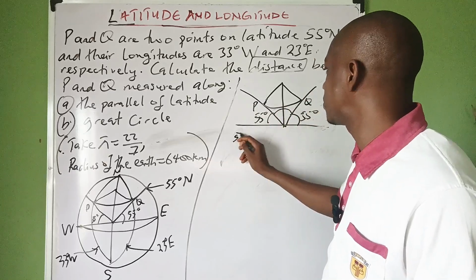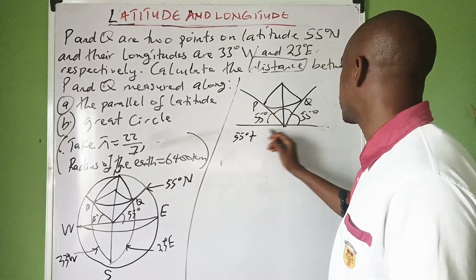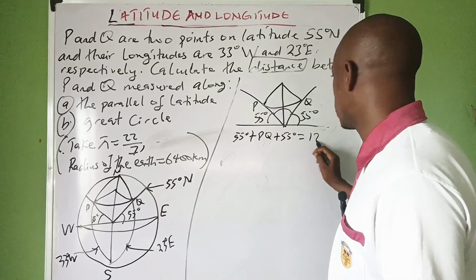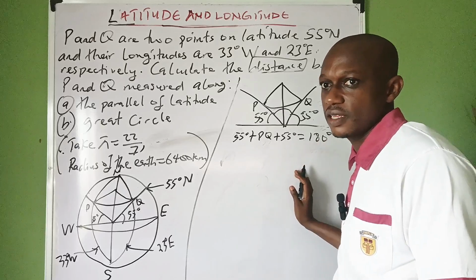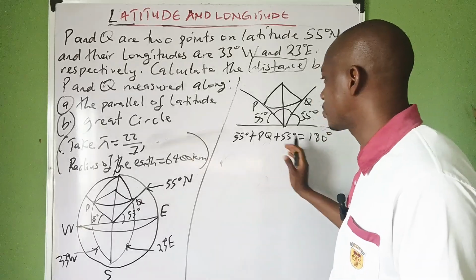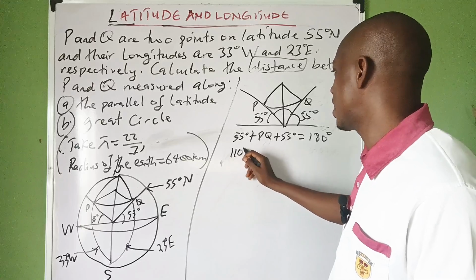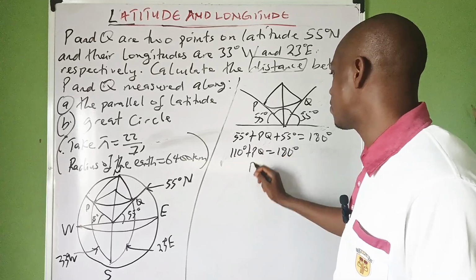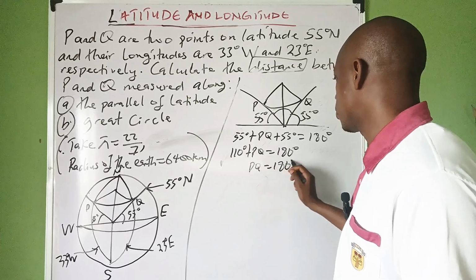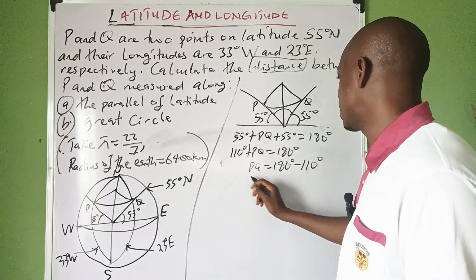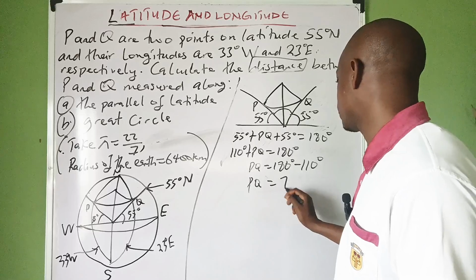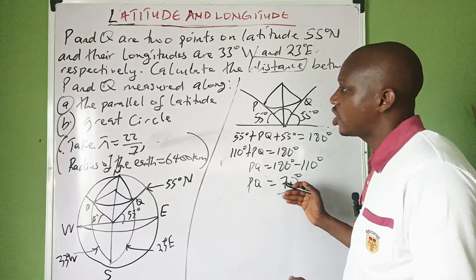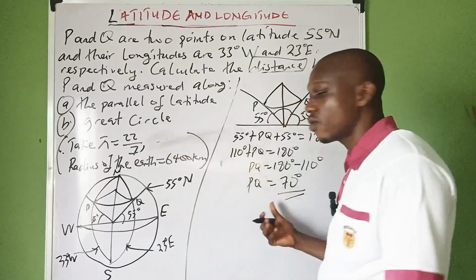So 55 plus PQ plus another 55 gives 180. 55 plus 55 is 110, plus PQ equals 180 degrees. Therefore PQ is 180 minus 110, which is 70 degrees.